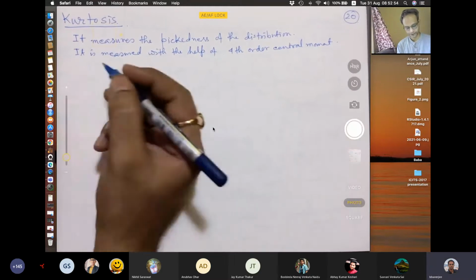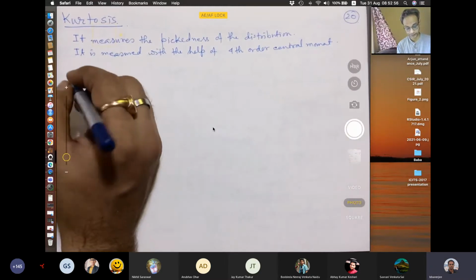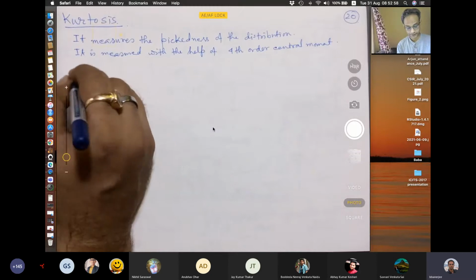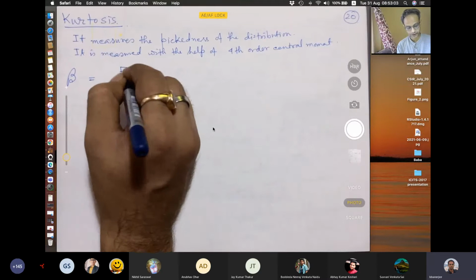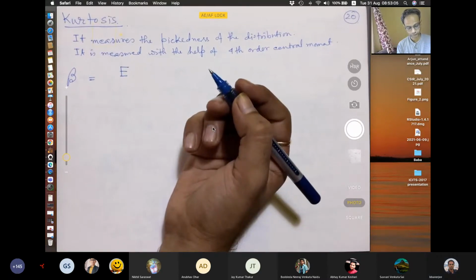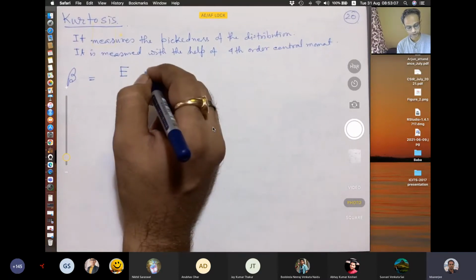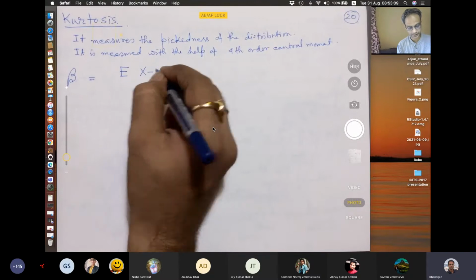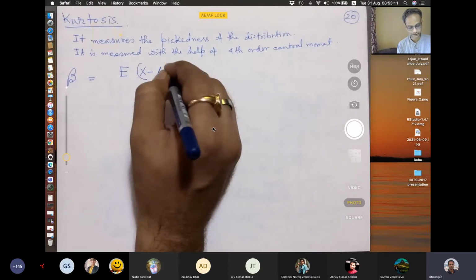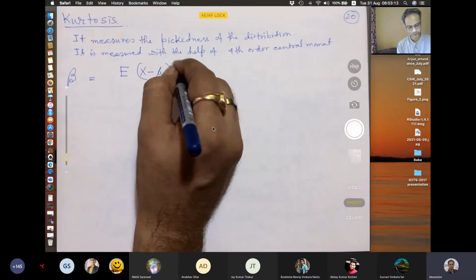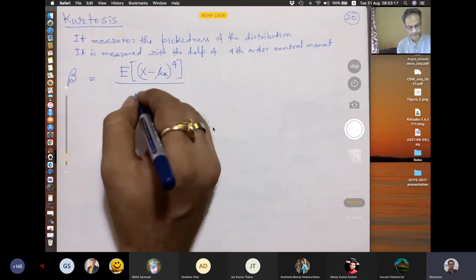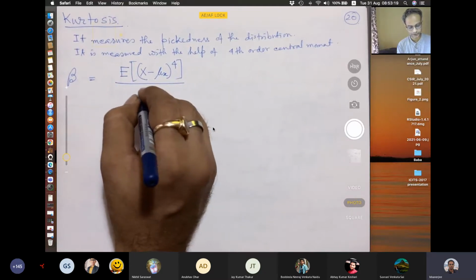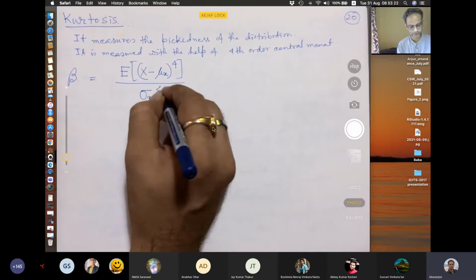So let us define it in this way. Beta is the expectation of (X minus mu_X) whole to the power 4. To make it unit free, we need to consider sigma_X to the power 4.